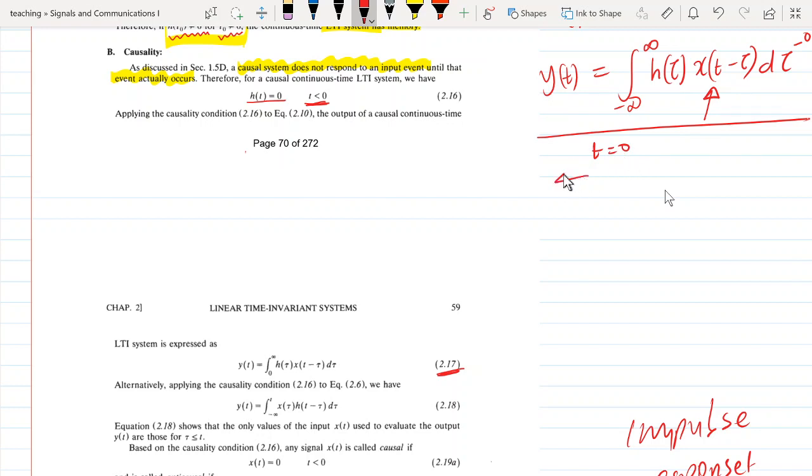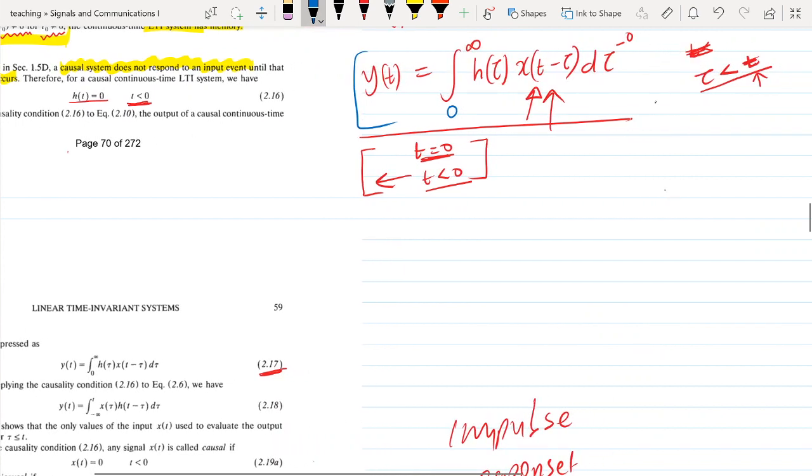So for any time less than 0, x of t will be 0. Therefore, for the system to be causal, it must start at t equal to 0. So we change the limits of the integral, and that constitutes what we refer to as a causal system.